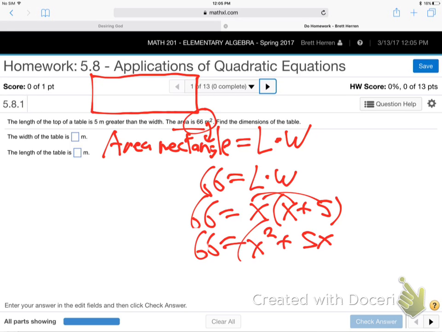X squared has reared its ugly head. When x squared shows up in the middle of a word problem, like a sea monster in the middle of the ocean, what do you do? Get a 0. It's got to be a knee-jerk reaction. That's why I wrote those 3 steps, and we did them and did them and did them. Hope that's sinking deeper and deeper, because it'll happen all the time in the rest of the course.